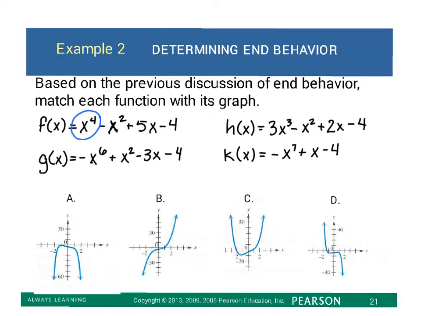So it's this one right here, it's C. Now let's look at g of x. Its leading term is also even, but the leading coefficient is negative. So it is going to look a lot like C, just flipped across the x-axis. So that right there is A.